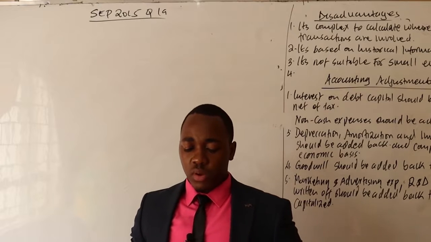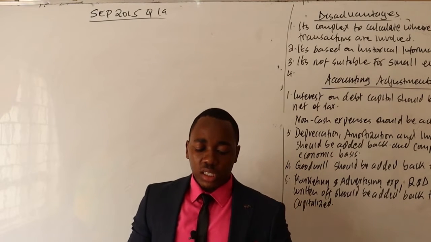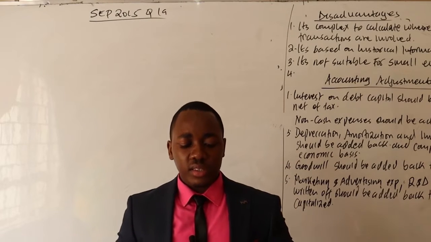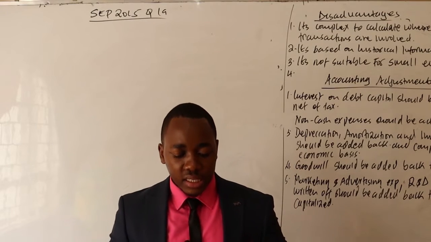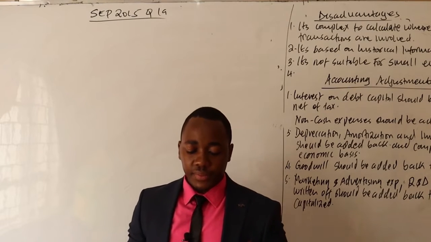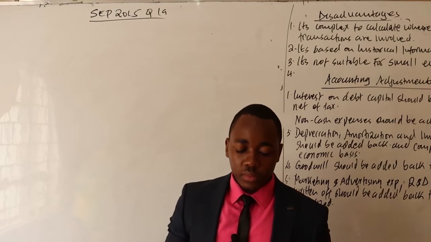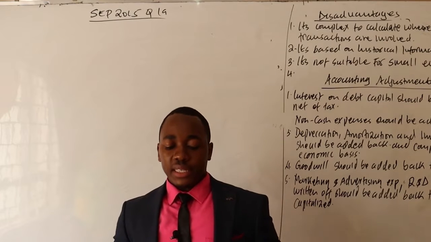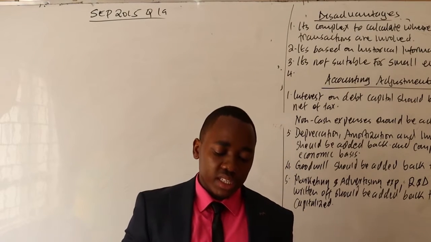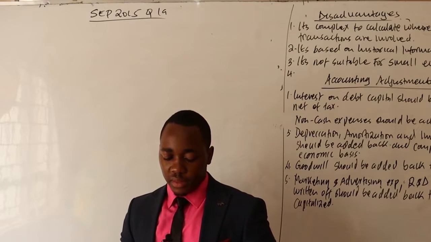Number 1 is the income statement, where you have sales, operating cost, operating profit. Then we have finance cost, profit before tax, corporate tax is 30%, and then we have the profit after tax. Number 3, statement of financial position indicates capital employed as at 1st July 2014 of 1060 million.